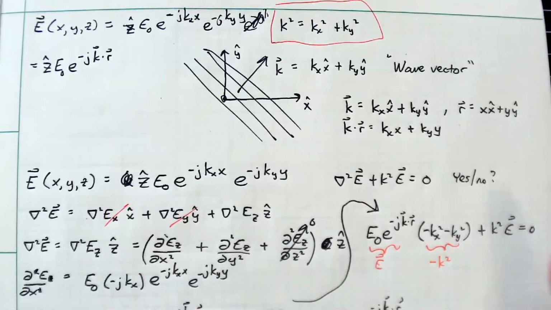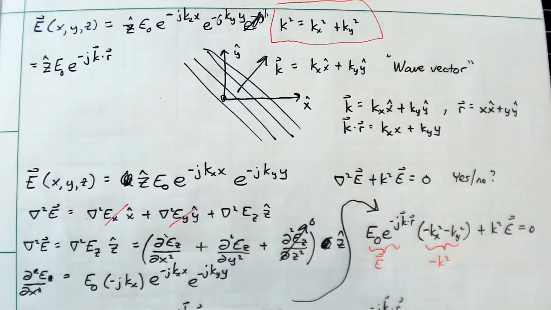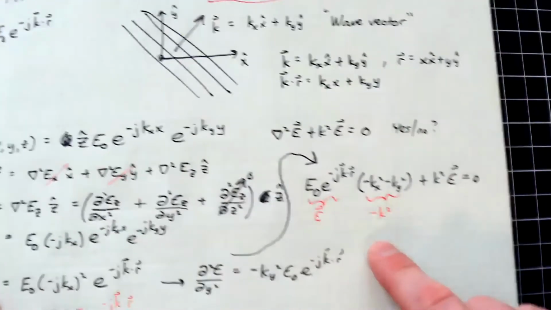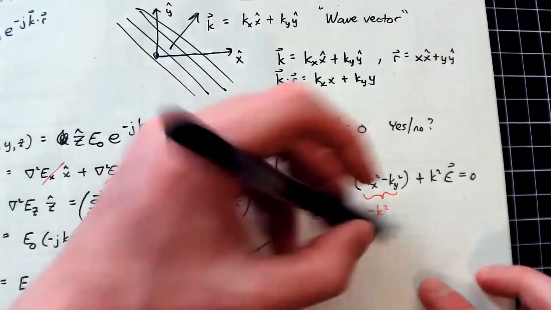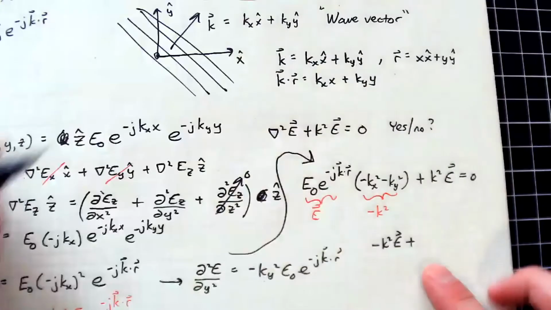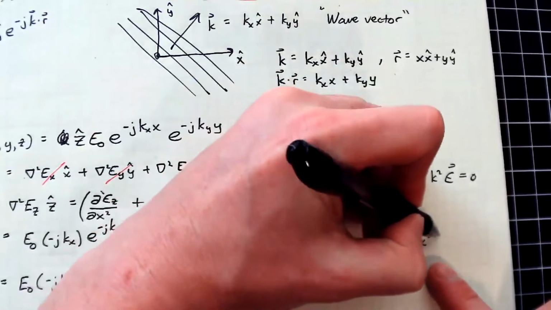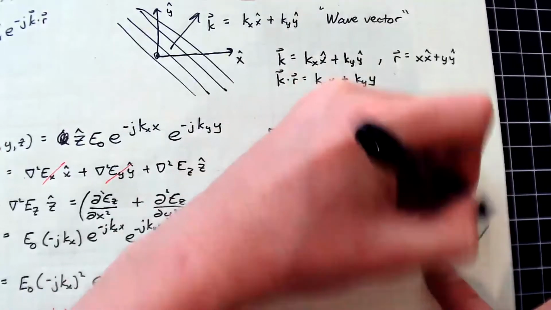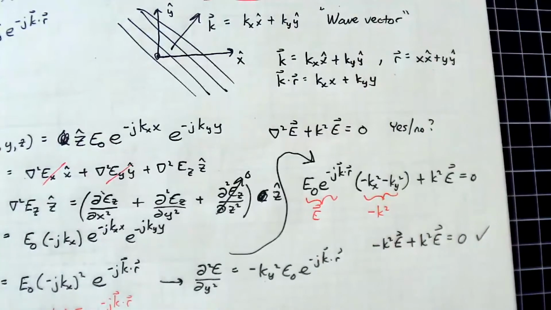The only difference now is we have vectors and multiple dimensions to worry about, which just manifests as a bunch more partial derivatives to keep track of. But the solution was the same. We basically got negative k squared E plus k squared E equals 0, and that's a true statement.